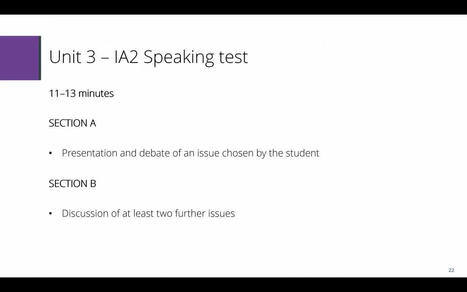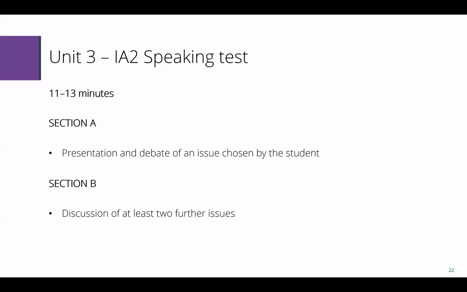Okay, so we're going to have a look at Unit 3, the speaking test, which, as you can see, is 11 to 13 minutes, and it has two sections. Section A, I'm just going to find the right place for you to have a look in the specification.